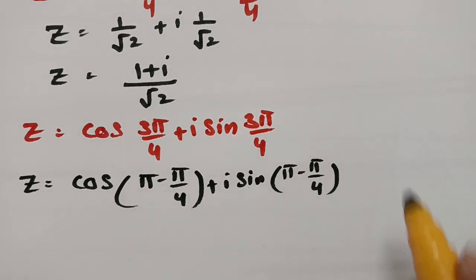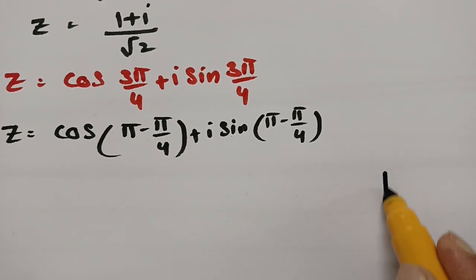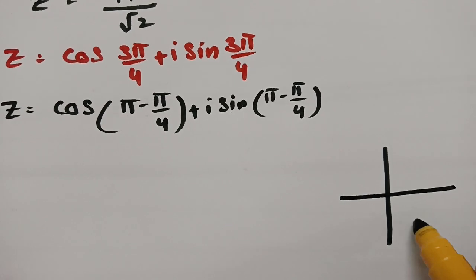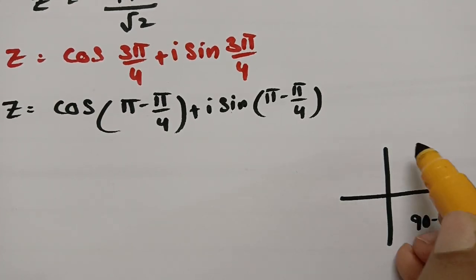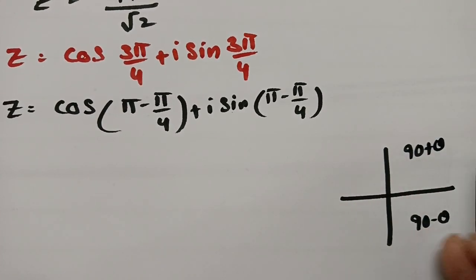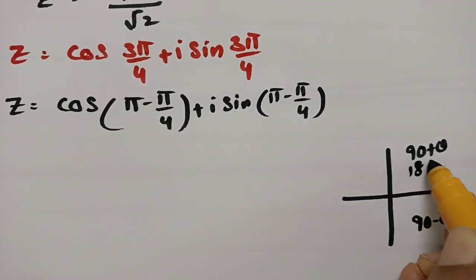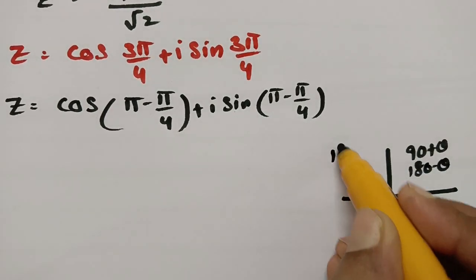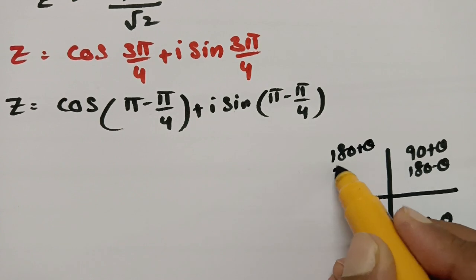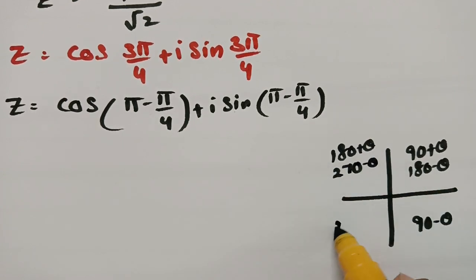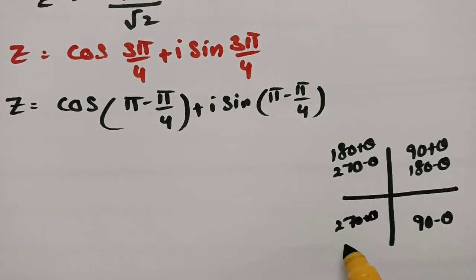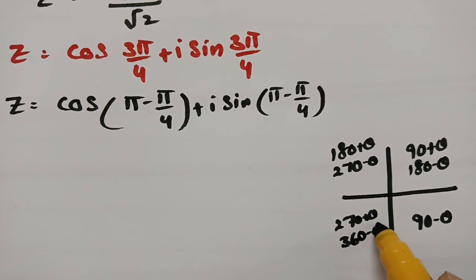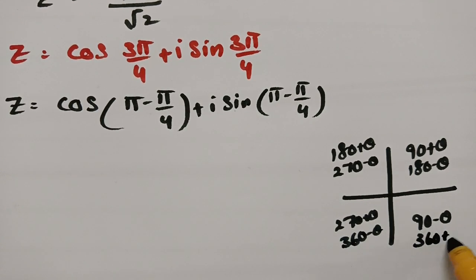I am drawing this here. If you start with 90 minus theta, you end up with 90 plus theta. Again, this is 180 minus theta and this is 180 plus theta. Again 270 minus theta, 270 plus theta, and 360 minus theta, 360 plus theta.